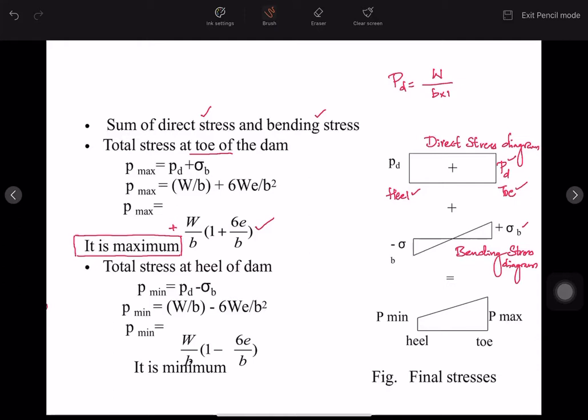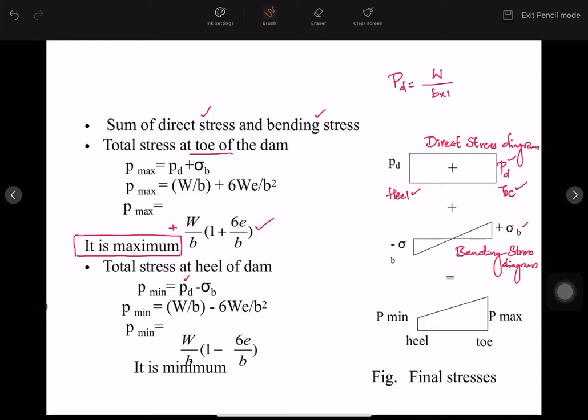In the same way, if we calculate the total stress at the heel point, as PD is the same value and sigma B here will have a minus value because it is under tension.